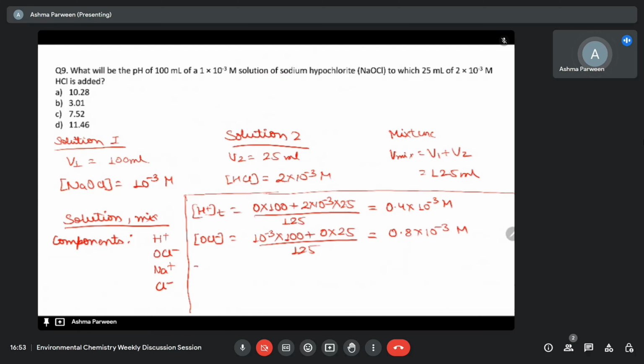Next, for sodium, and finally we will write for Cl minus. In solution 1, there is 0 Cl minus.